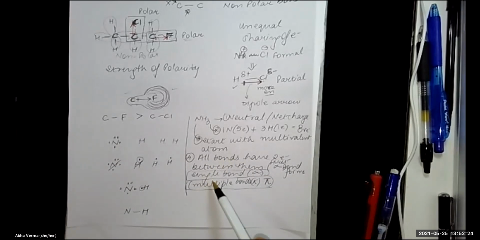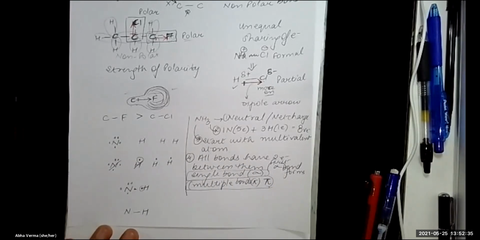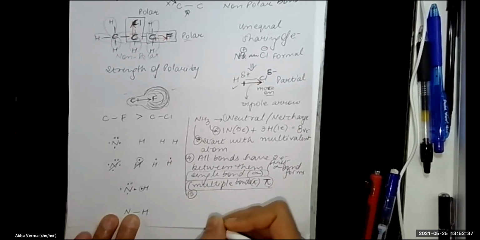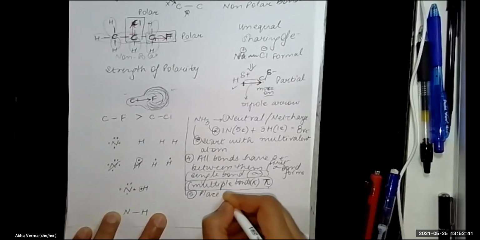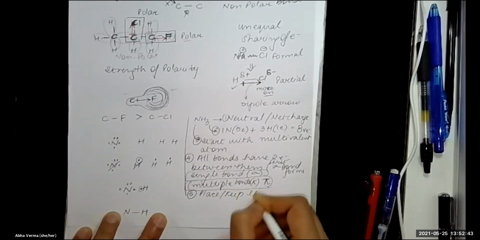Once you have figured out that you need single bonds for sigma bonds, after all the single bonds have been placed, you will add the lone pairs to complete the octet. This is the time that you can place your lone pairs.